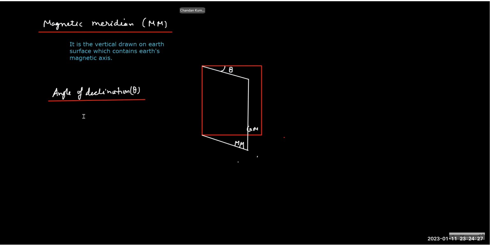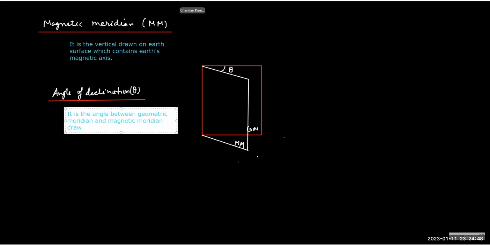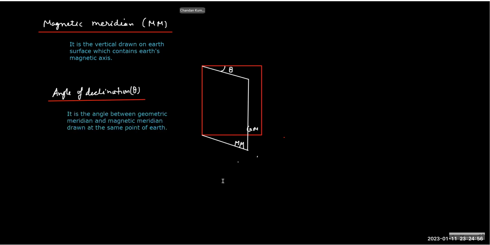So it is the angle between geometric meridian and magnetic meridian drawn at the same point of Earth. Of course, you can't draw the geometric meridian in London and the magnetic meridian in Hong Kong and find the declination. It must be at the same place. So we call it the angle of declination.